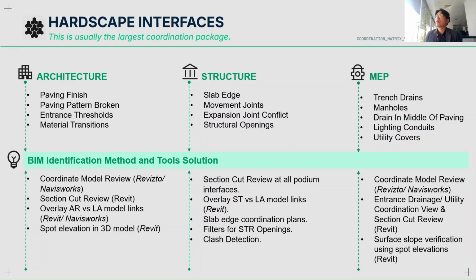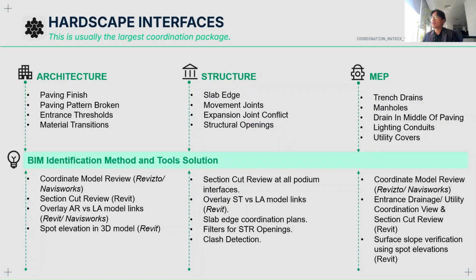For MEP, the major objects we coordinate with hardscape will be the drain strips, the manholes, and manholes with paving, and in landscape, the pavings and the gravel, to make sure they are aligned.